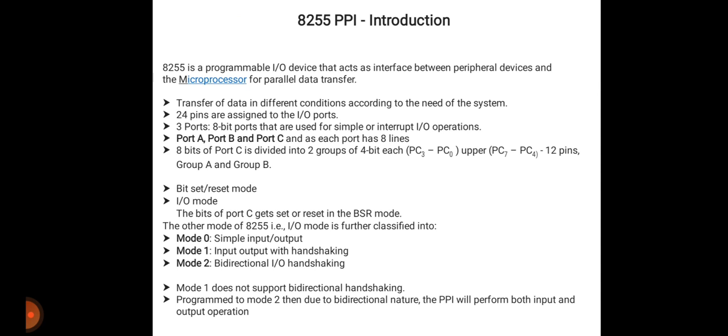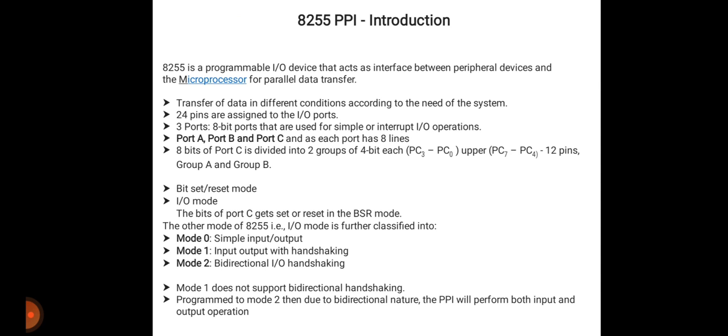But if we program it in mode 2, then due to its bidirectional nature, the programmable interface will perform both operations, input as well as output, with the processor according to the command received or according to our need.